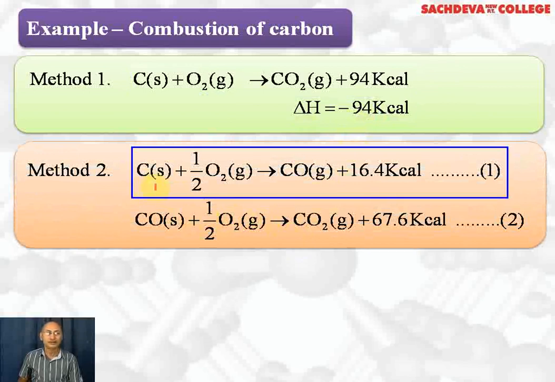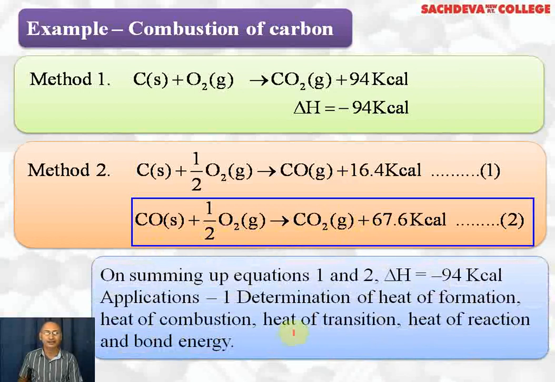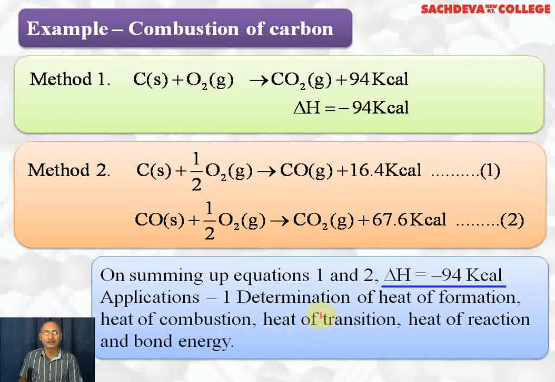Now carbon first partially burned to get carbon monoxide, heat evolved is 16.4 kilocalories. Carbon monoxide is further burned to get carbon dioxide, heat evolved is 67.6 kilocalories, and if you sum up 1 and 2, delta H comes out to be minus 94 kilocalories, and this is the application of Hess's law.